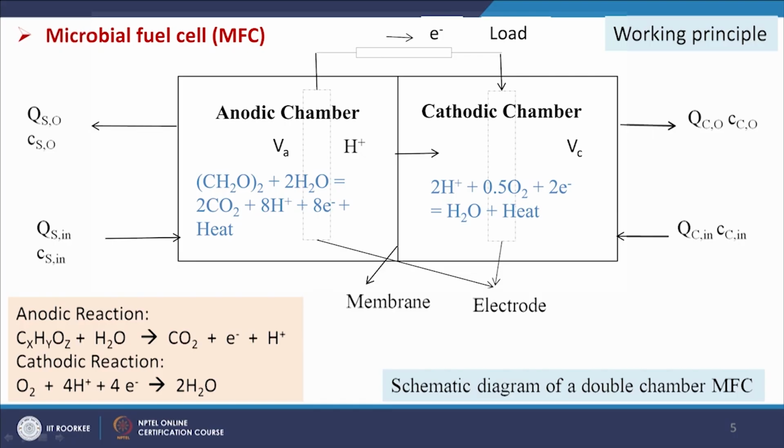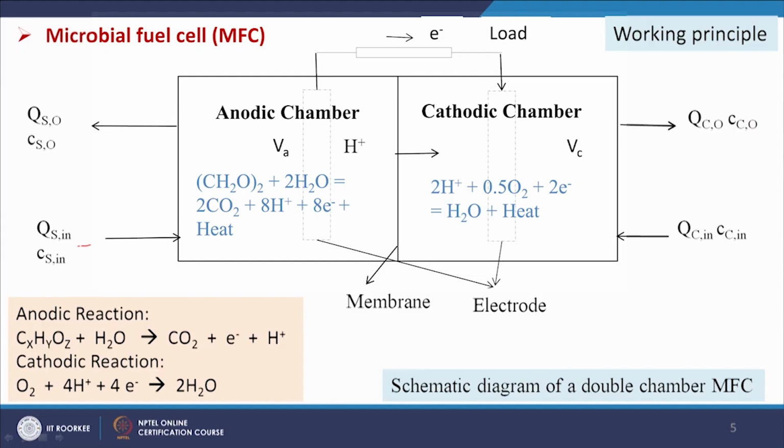This membrane allows hydrogen ions to transfer selectively, and here we have organic containing wastewater, and microbes are also present in it. The microbes will work on the organic compound, for example CH2O plus H2O, giving 2 CO2 plus 8H+ plus 8 electrons plus heat.